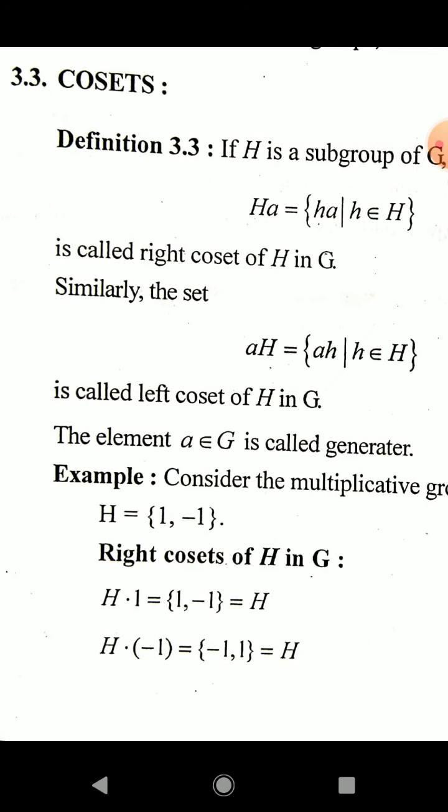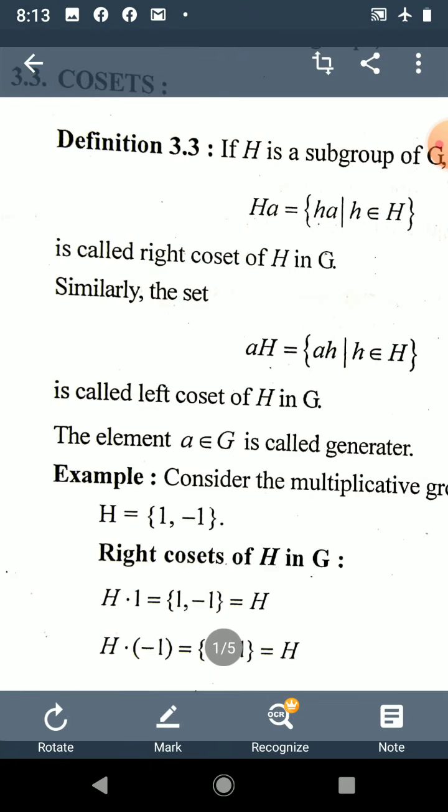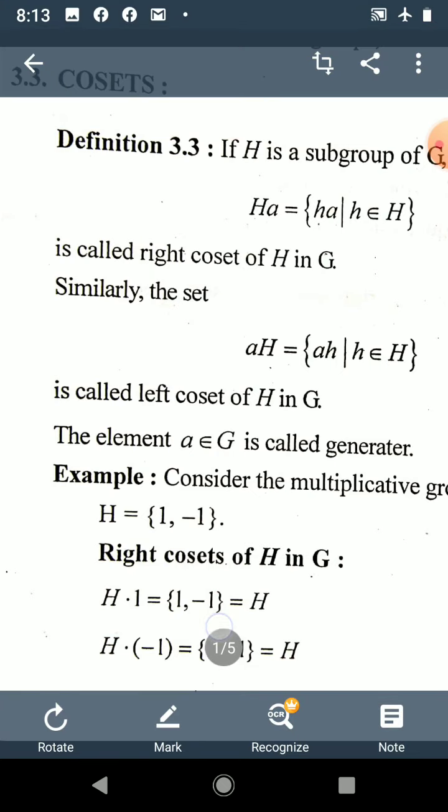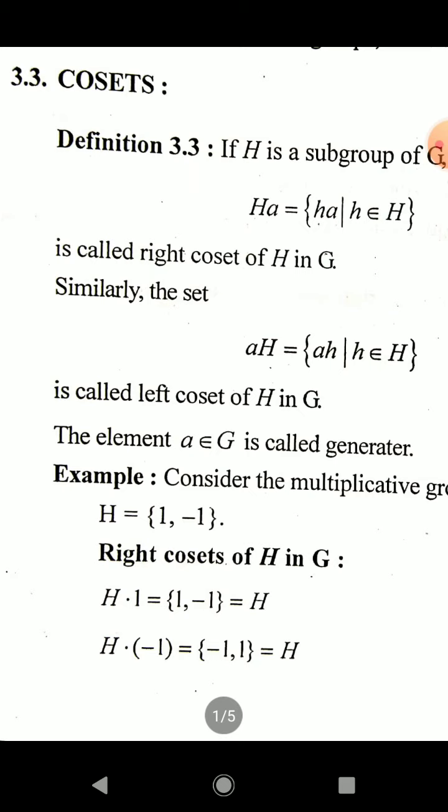This is the right coset generated by 1 of H in Z. Now we multiply 1 to every element: 1 into 1 is 1, 1 into minus 1 is minus 1, and therefore we get {1, minus 1}, which is H. It is the right coset generated by 1.